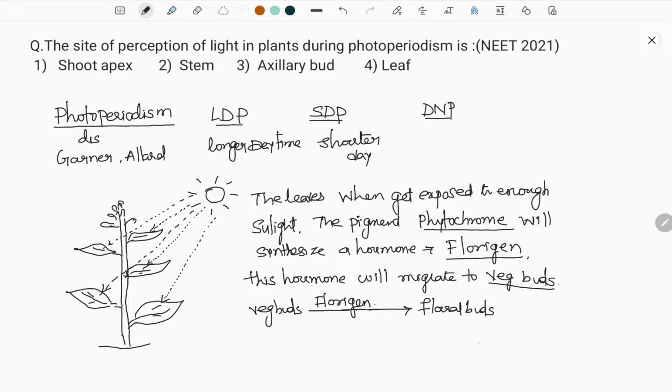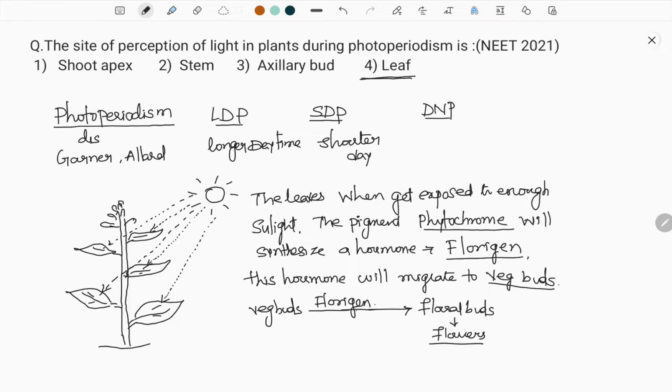So when the vegetative buds convert into floral buds, flowers will form from that plant. So the perception of light for photoperiodism is nothing but the leaves.